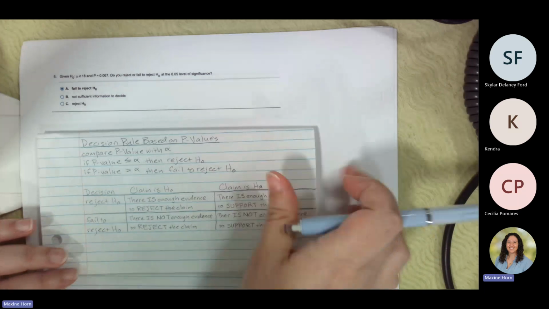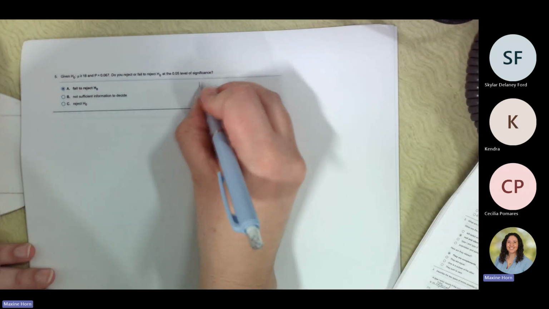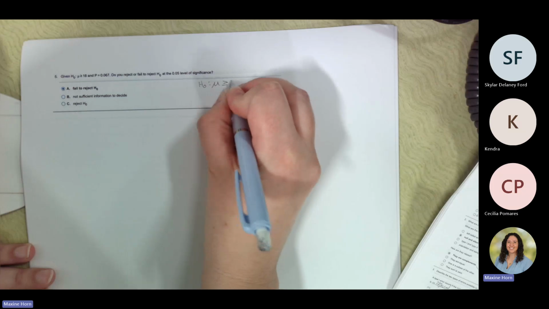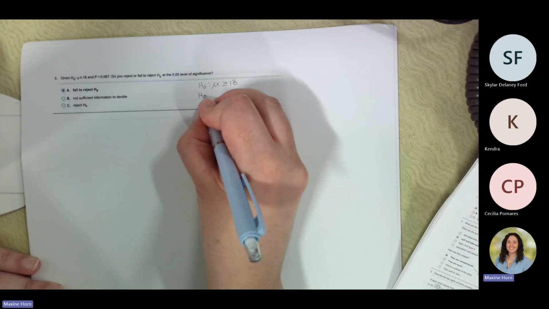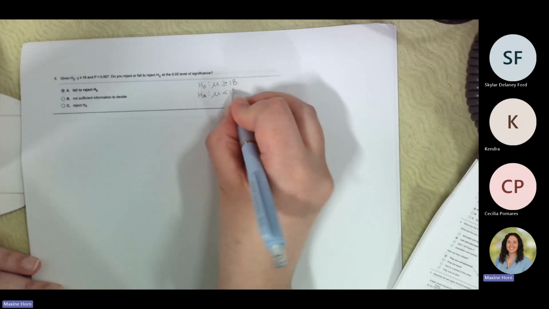Okay, so let's take a look at these two things. We have the null hypothesis that the mean is greater than or equal to 18. We don't have to find the alternative hypothesis here, but if we wanted to, we could do that.